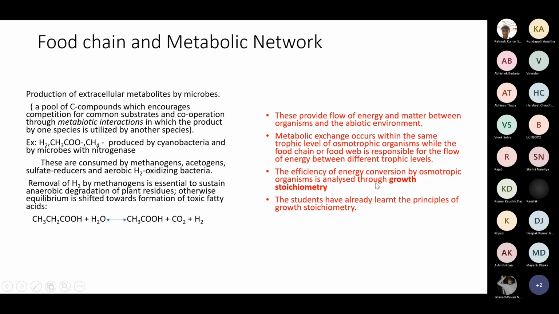The efficiency of energy conversion by osmotrophic organisms can be analyzed through growth stoichiometry. All of these things can be quantified, and many of you have already done the stoichiometry of growth. At every stage, quantitative principles can be applied to know what kind of metabolites are made and how these are incorporated by living organisms, and such growth stoichiometries can also be analyzed.